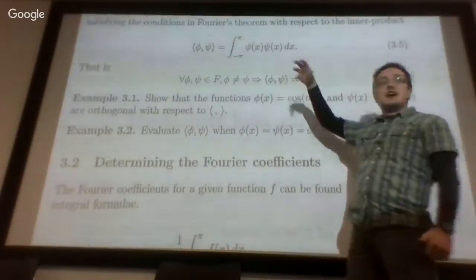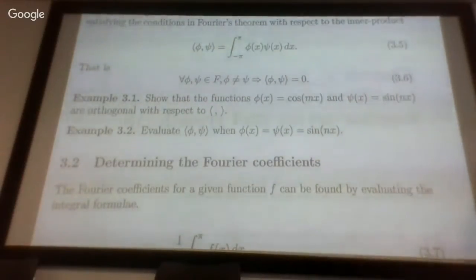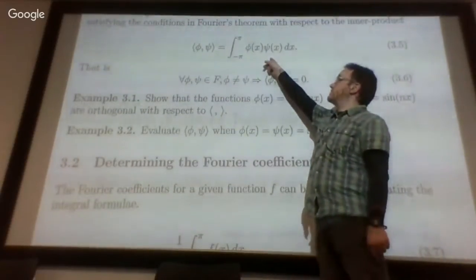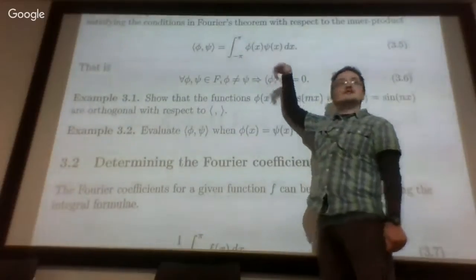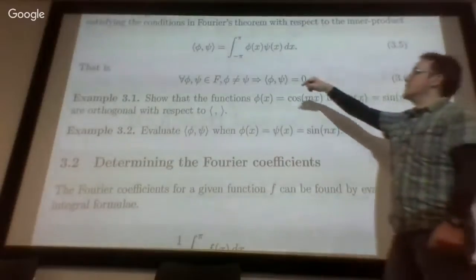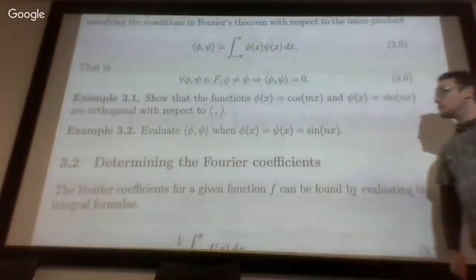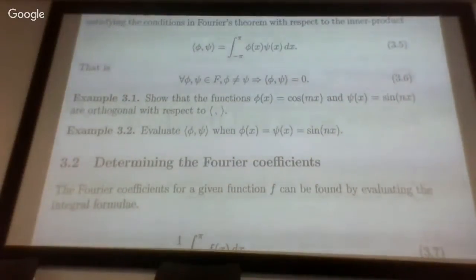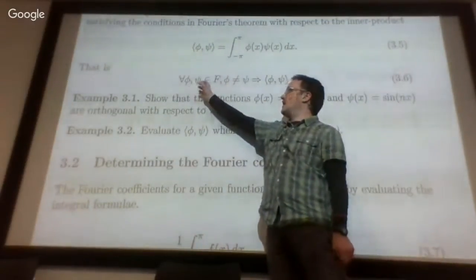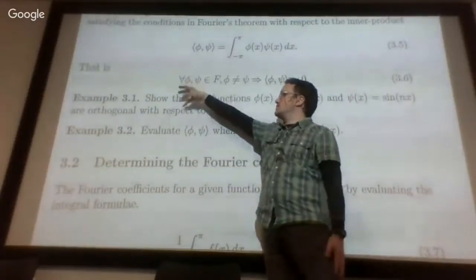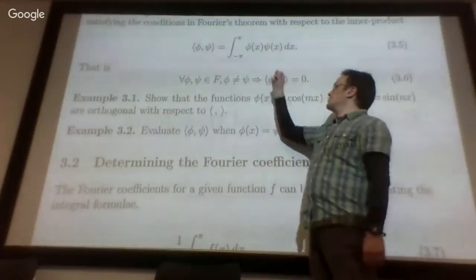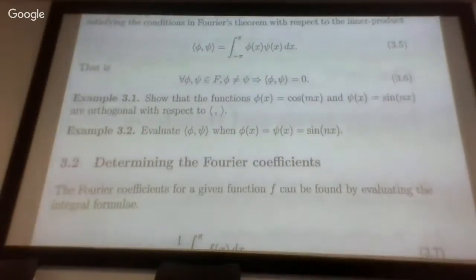Instead of multiplying together corresponding coefficients of vectors and adding up those products, we multiply together corresponding values of the functions, and we integrate. Integration is the continuous version of summation. We integrate those products across the interval minus pi to pi. Saying the family of functions is orthogonal means that when you take 2 different functions from the family, phi and psi, so phi could be one of your cosines, psi could be one of your sines, then they have inner product equal to 0.